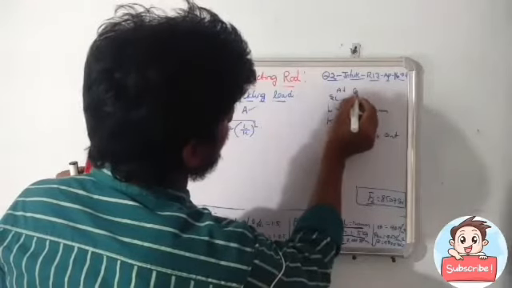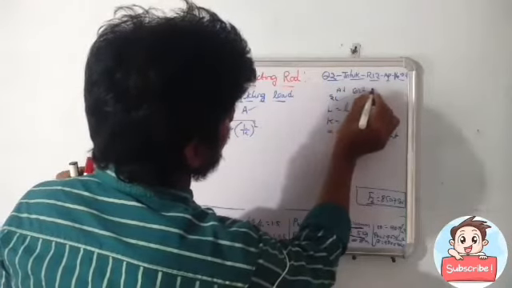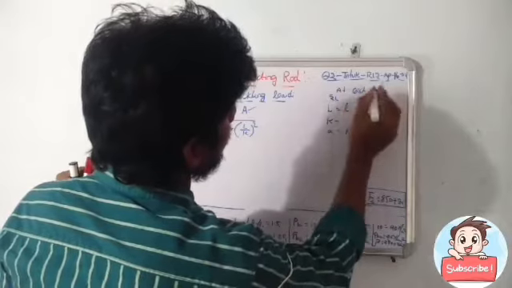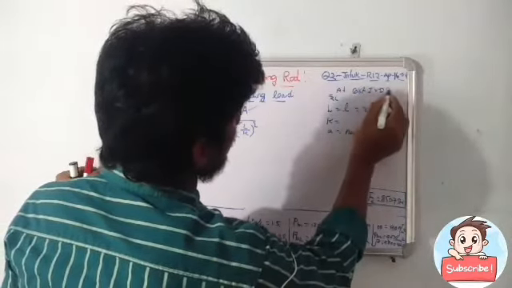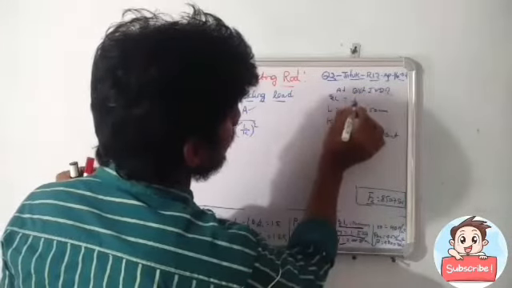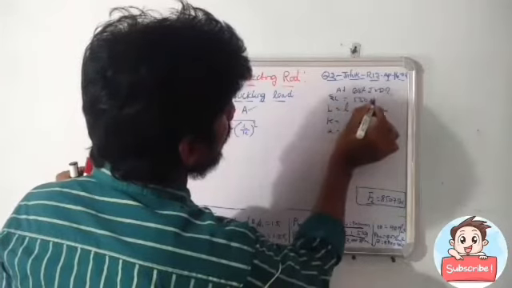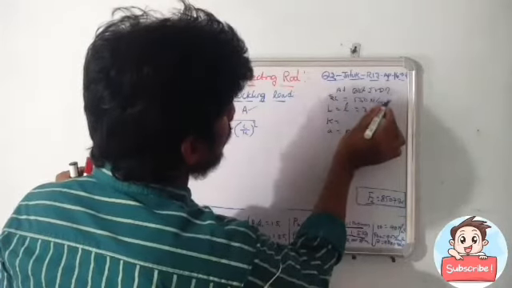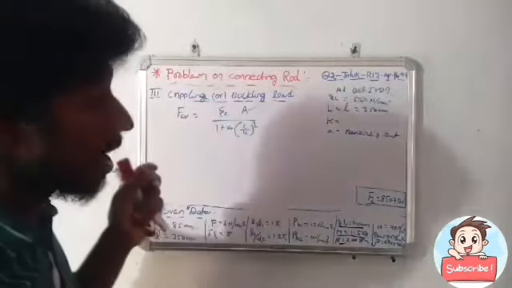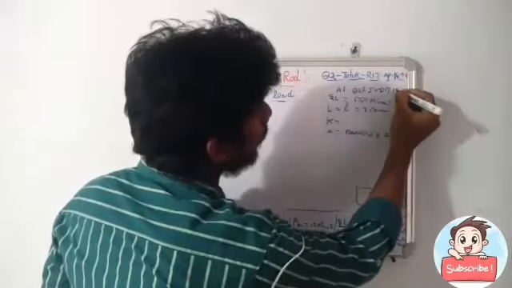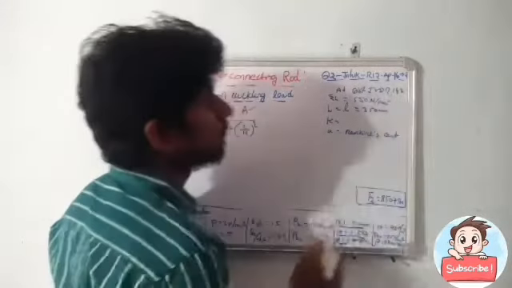At cast iron condition, SC equal to 550 Newton per mm square from the design data handbook, table number 14.2.